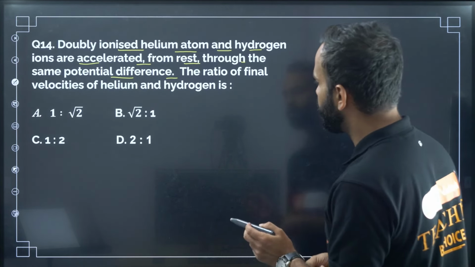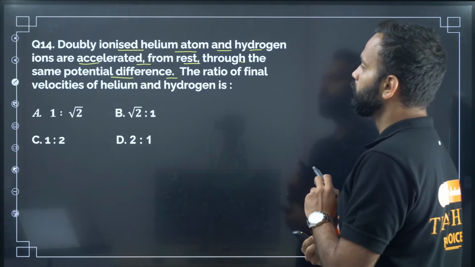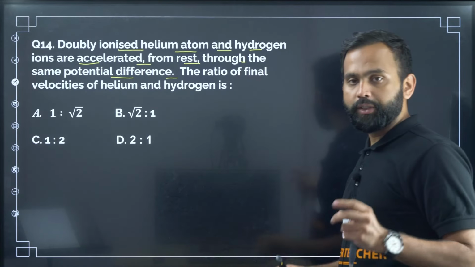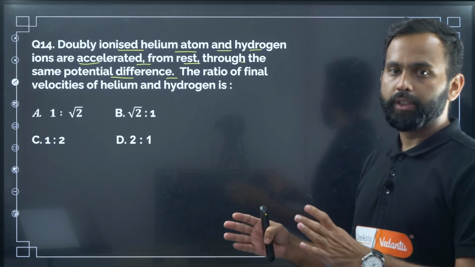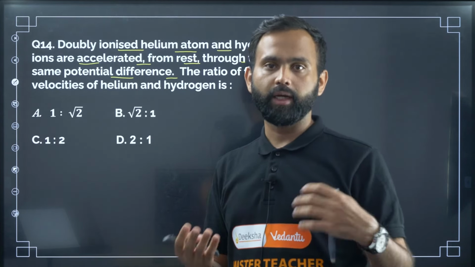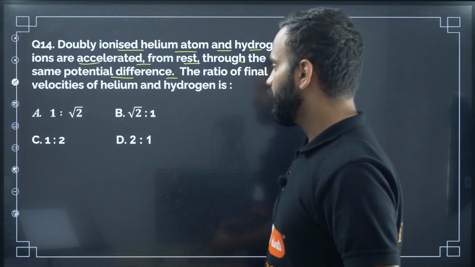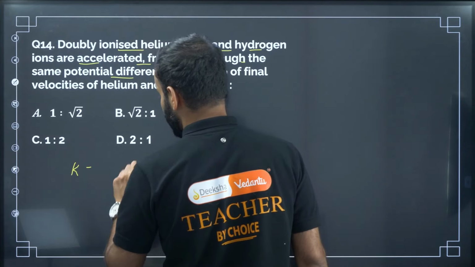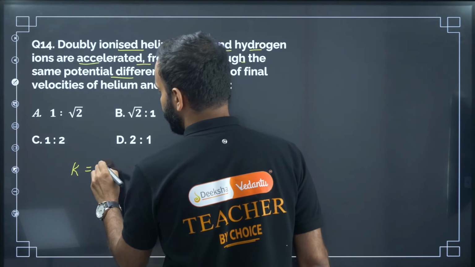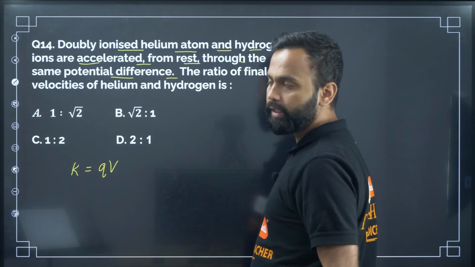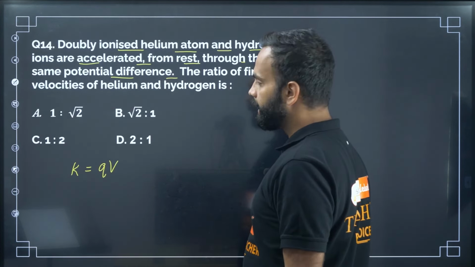When a charged particle is accelerated through a potential difference, its kinetic energy increases and electrical potential energy decreases. So the gain in kinetic energy is equal to the loss in potential energy.